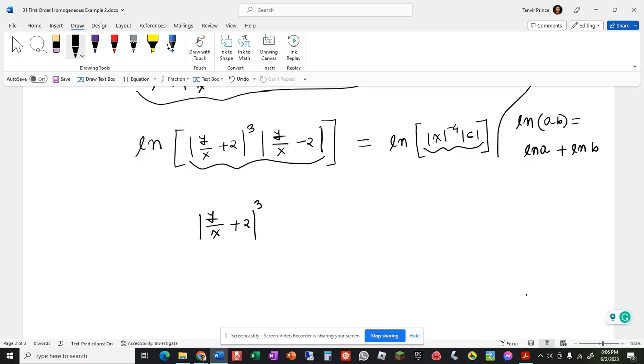I can actually combine these two absolute values into one absolute value. So let's actually simplify a little bit. So I can put everything into one absolute value.